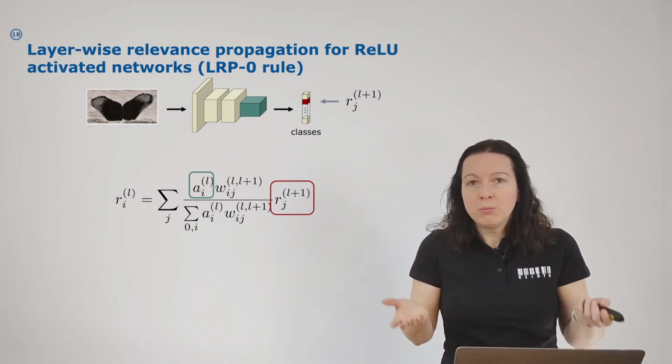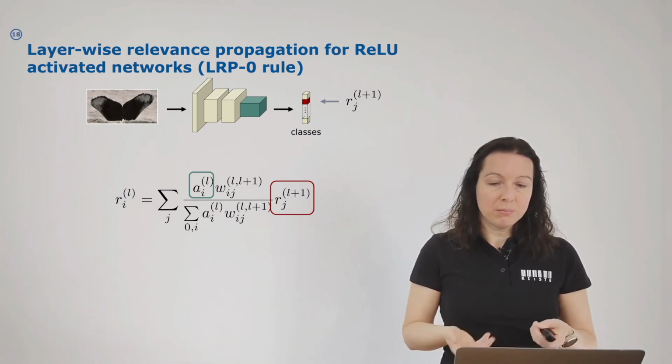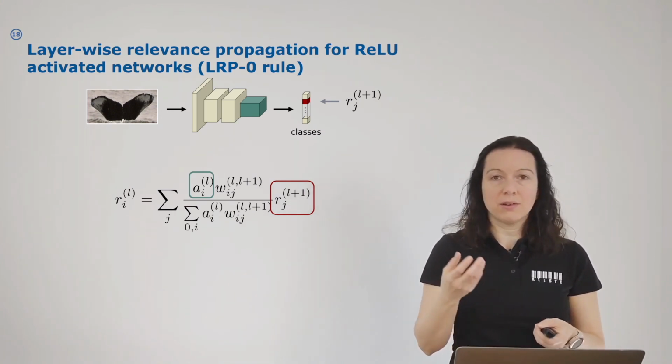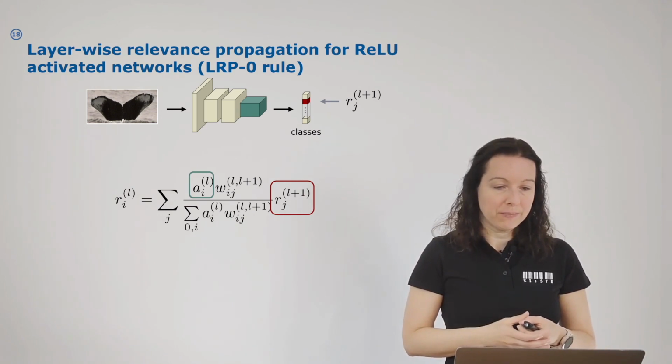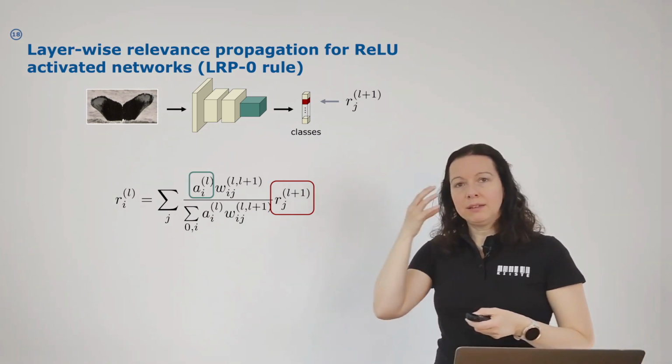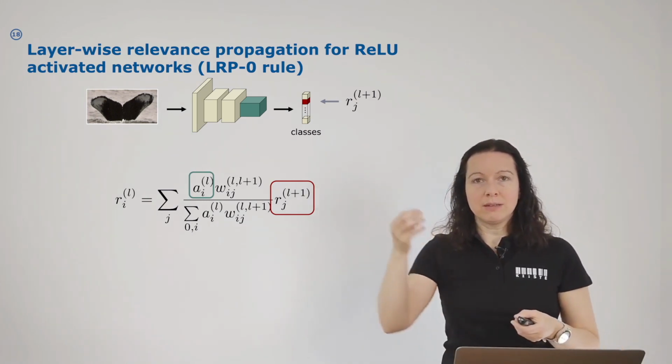So this is one of the most basic propagation rules, and in this context it's called the LRP0 rule.